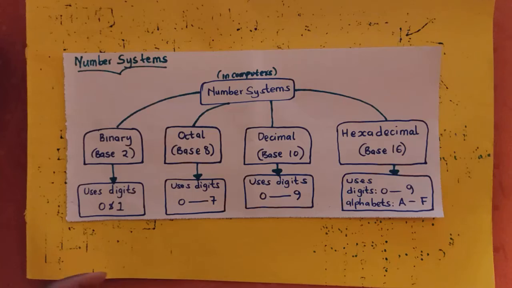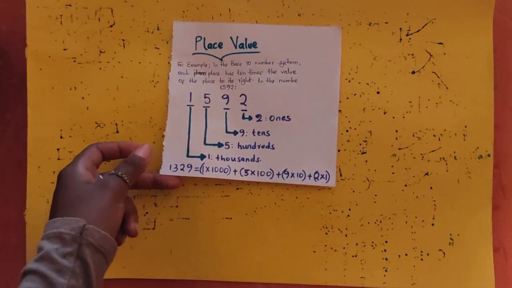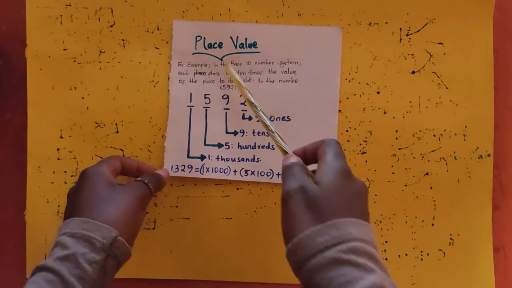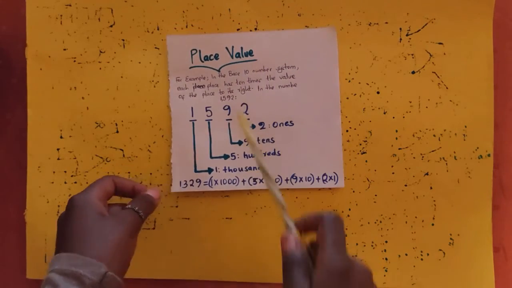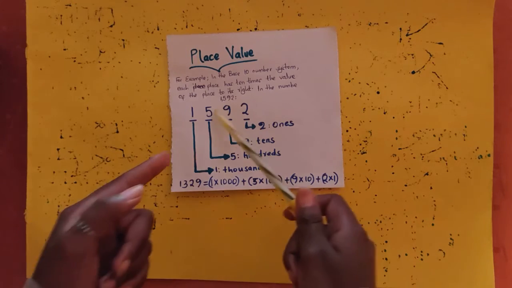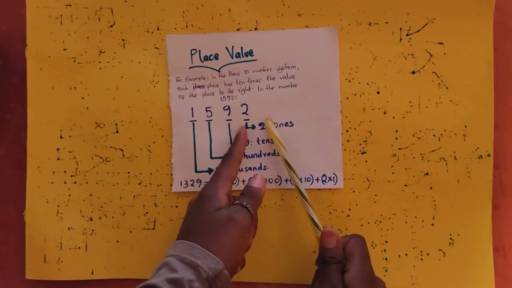Another concept that is going to be important as we proceed is place values. As you remember from primary school, or whatever you call it at your place, we use place values to represent numbers. So that when I say 1592, I know it's 1592. How did we do that?